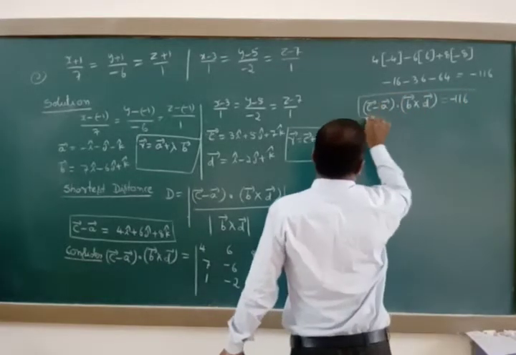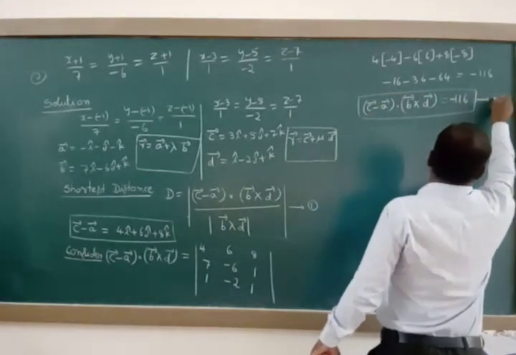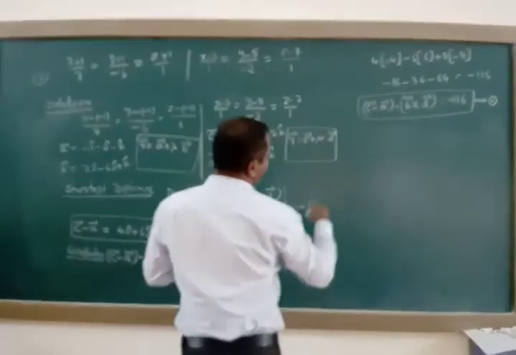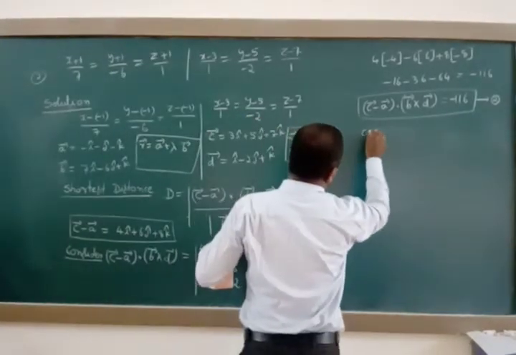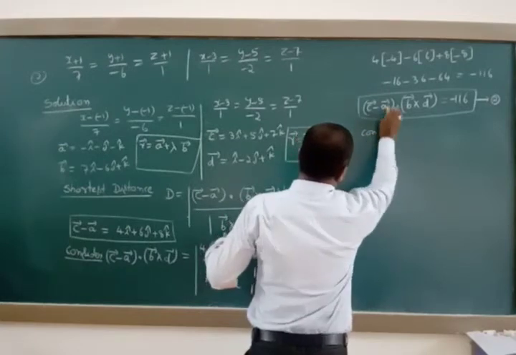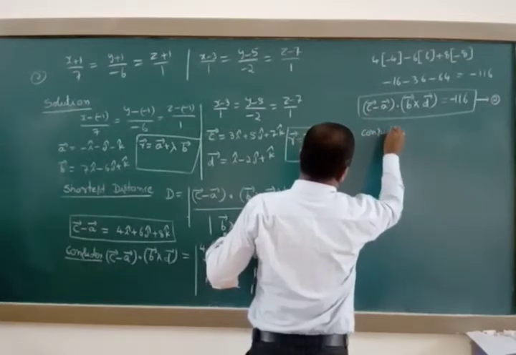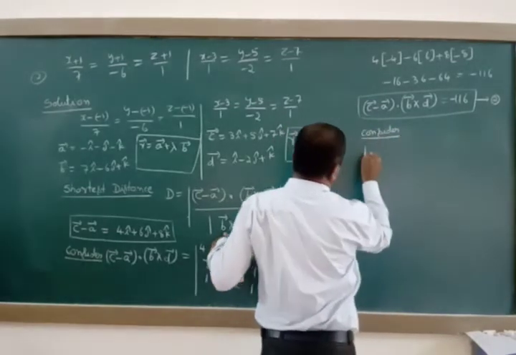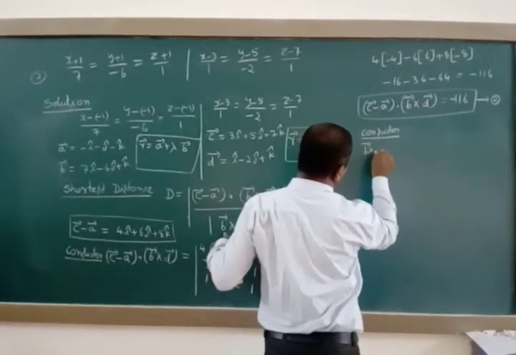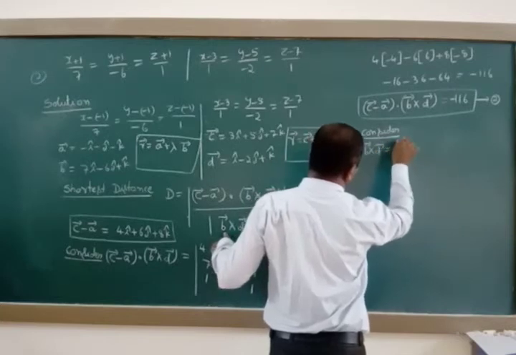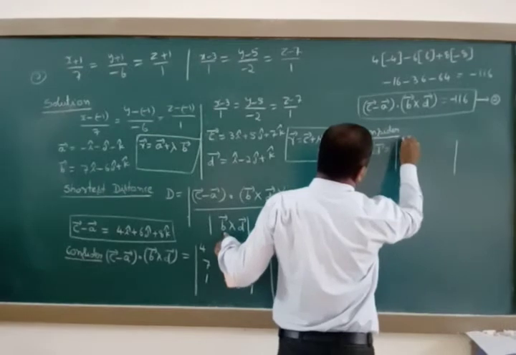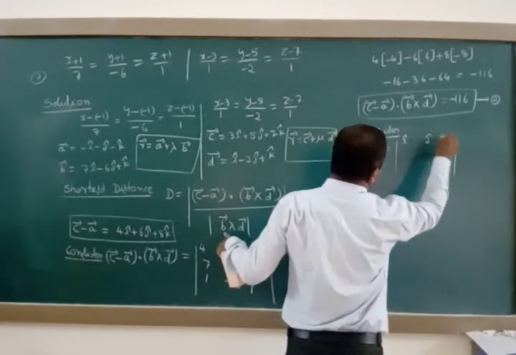It is equation number 2. Next, we need b vector cross d vector. Consider b vector cross d vector, written with the basic unit vectors i cap, j cap, k cap.